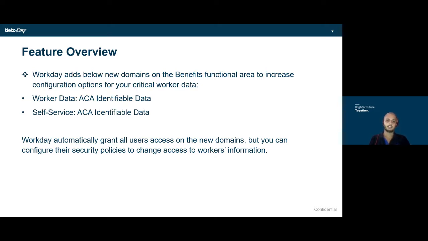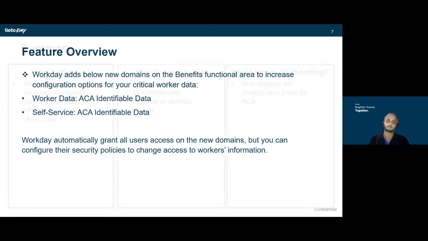And by these updates, Workday is automatically granting users access on the new domains so that they can have a clear idea and picture of the worker data that is here for the benefits functional area.